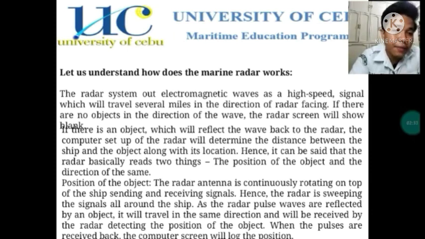Hence, the radar is sweeping the signals all around the ship. As the radar pulse waves are reflected by an object, they will travel in the same direction and will be received by the radar, detecting the position of the object. When the pulses are received back, the computer screen will log the position.